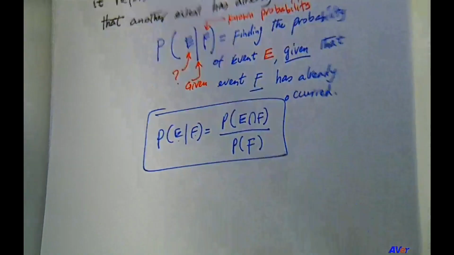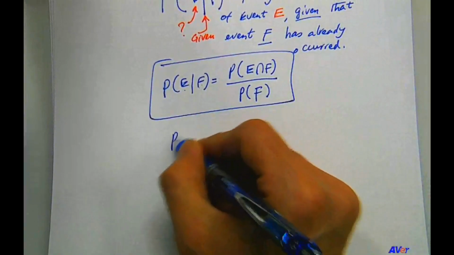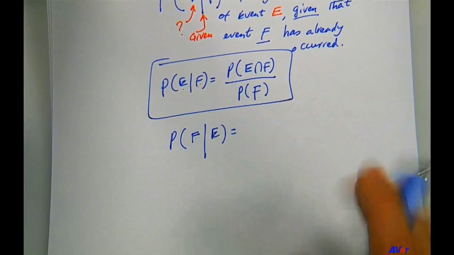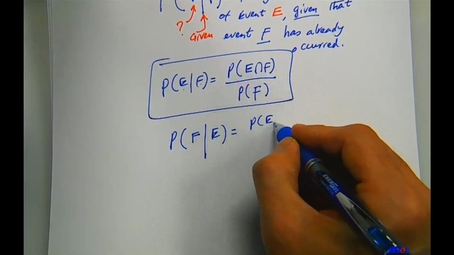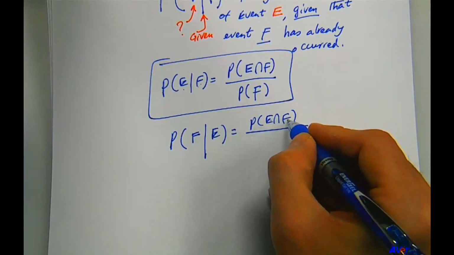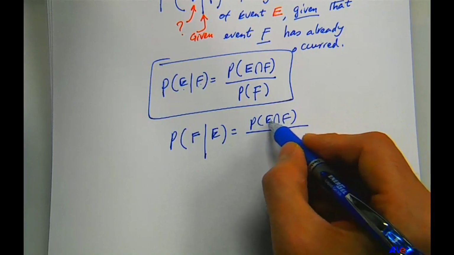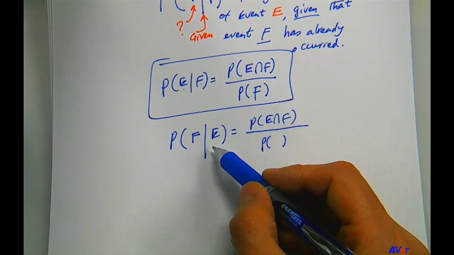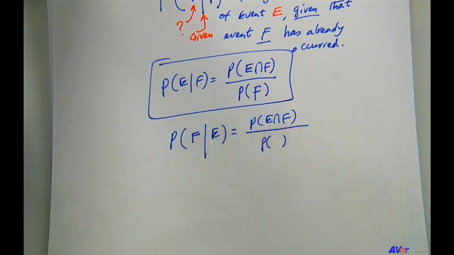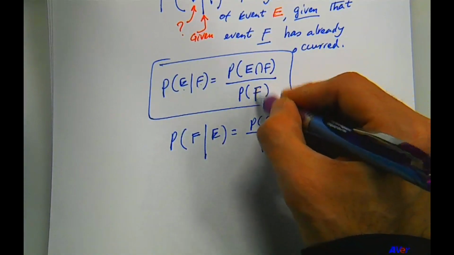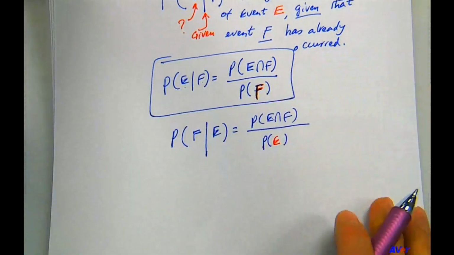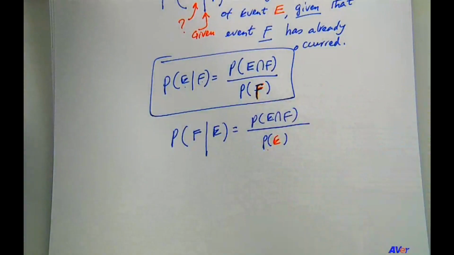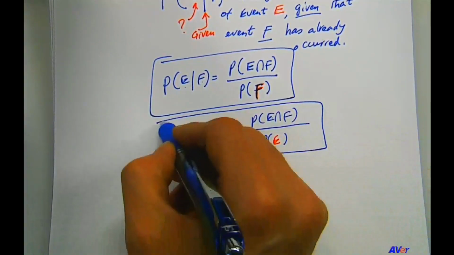So let me quickly mention that probability of F given event E would be equal to the same numerator, probability of E and F. That means the probability that these two will occur at the same time, divided by this time the probability of the known event, which is E this time. In each case, the denominator is the probability of the known event.